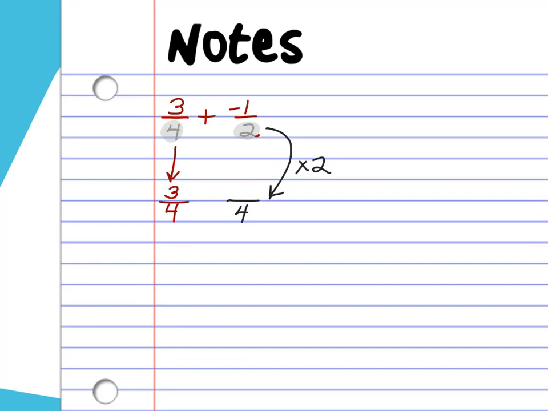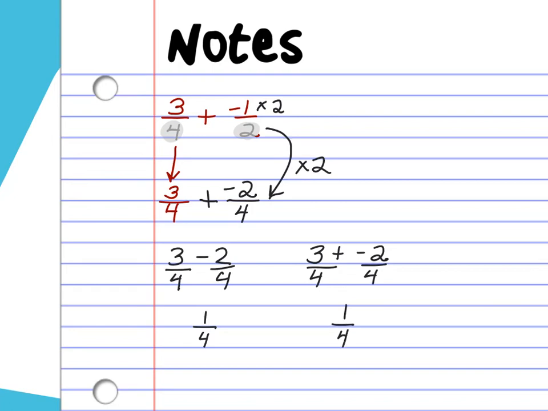If I multiply the denominator by a factor of 2, I have to multiply the numerator by a factor of 2, which will give me a -2. Then I add. When I'm adding those, I can think of 3/4 minus 2/4, or I can think of 3/4 plus a -2/4. Those each would simplify to 1/4. Denominators stay the same when adding and subtracting.